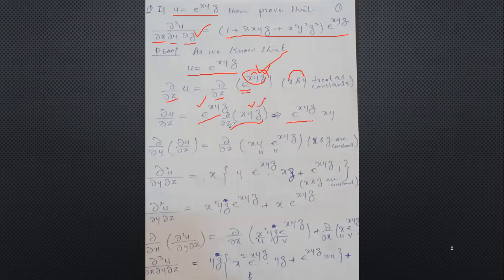Derivation with respect to z of this term is x into y. X into y is constant, but derivation of z with respect to z is 1. So partial derivation of u with respect to z equals x into y into e power x into y into z.